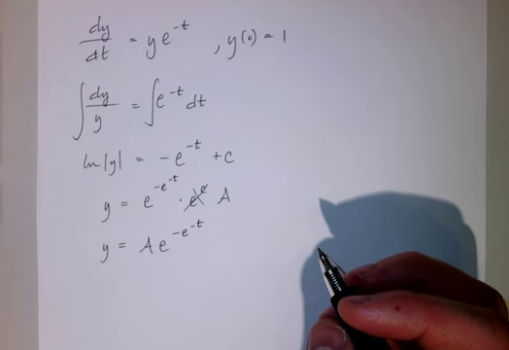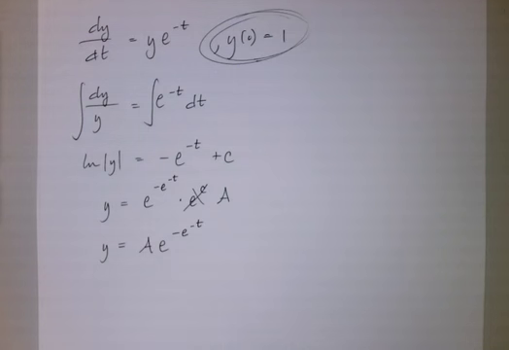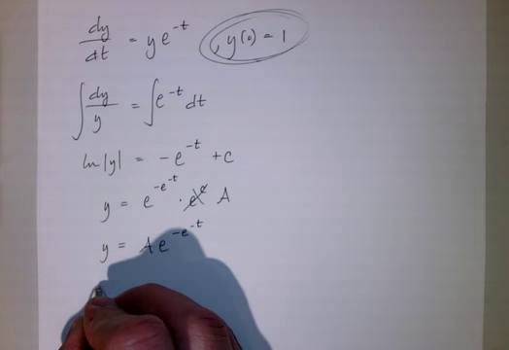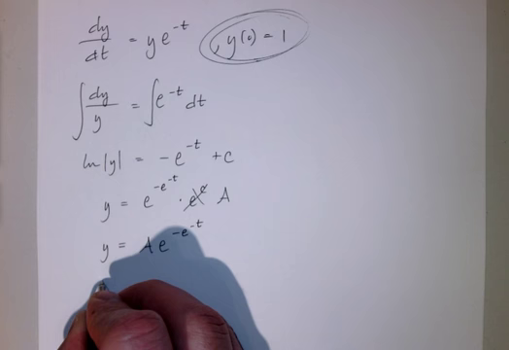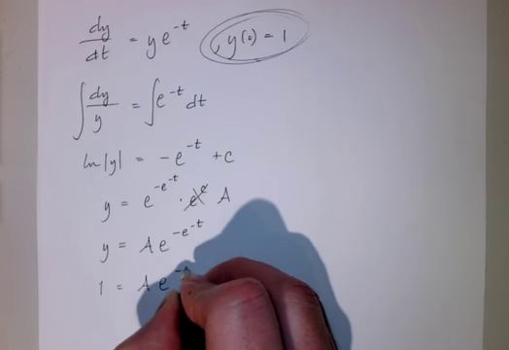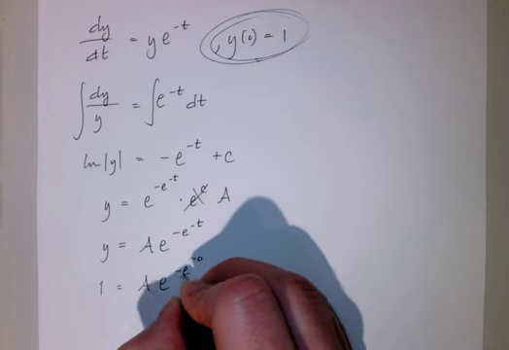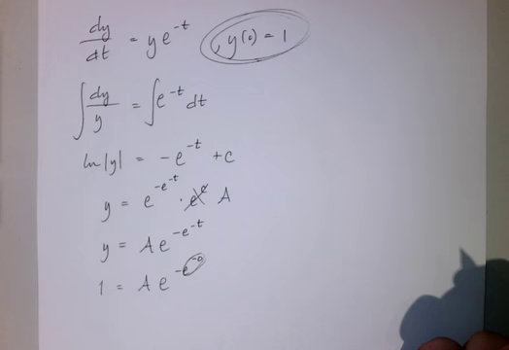Now, again, that would be the general solution. But of course, I have an initial condition. So I'm going to go ahead and plug in 0 for the input and 1 for the output. E to the negative e to the negative 0. Now, that right there, e to the negative 0, which is e to the 0, is 1.